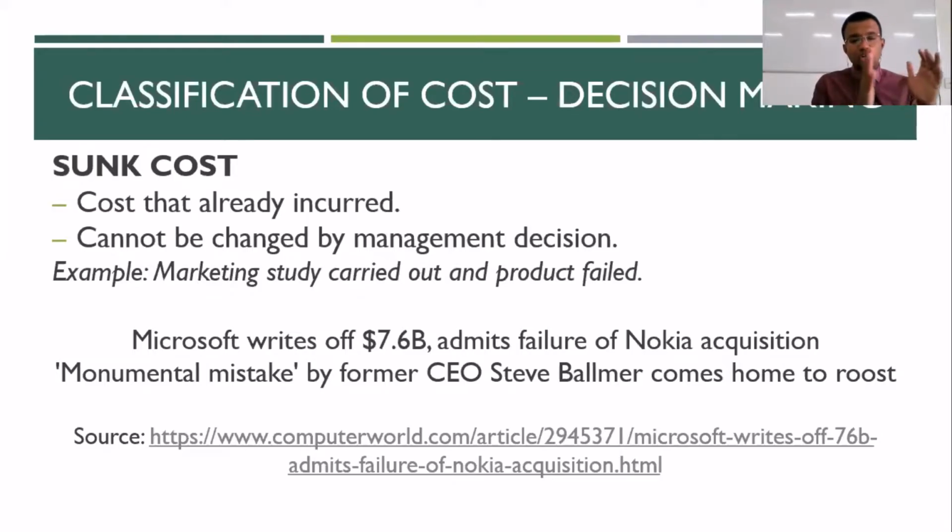These are costs which are already incurred, and irrespective of whatever your management tries to do right now, you may not be able to get the money back that you have incurred as a part of these costs. These are costs that have been written off. Your business firm is not in a position to recover these costs.